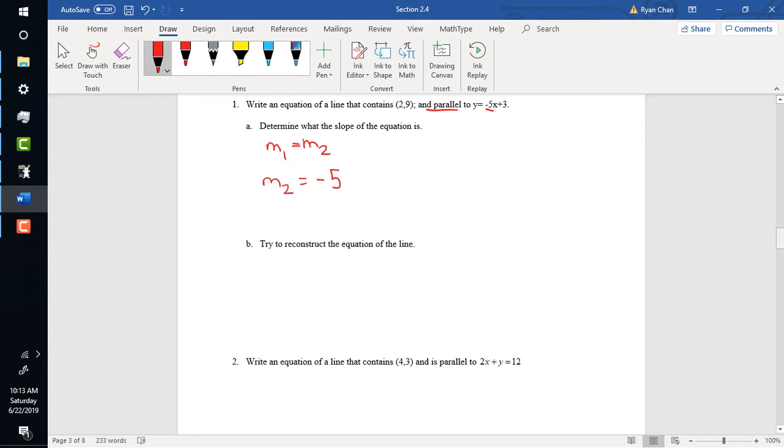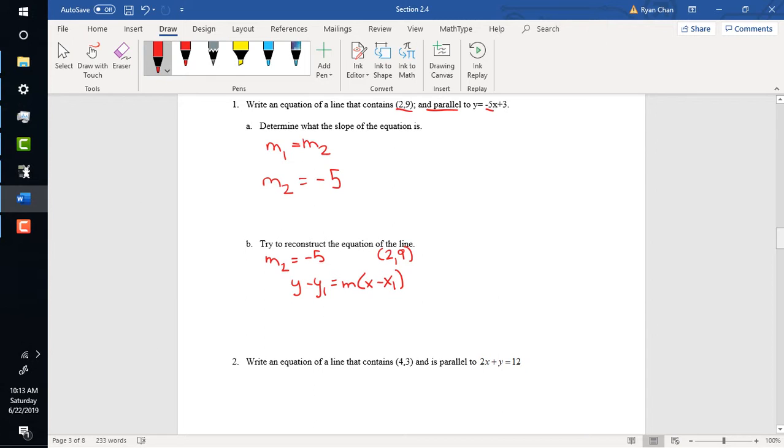Now to reconstruct the equation of the line, what we're going to do next is essentially what we've been doing in section 2.3, which is point-slope form. I know my slope, which is negative 5, and I know my coordinate, which is (2, 9). So I'm using y minus y1 equals m times the quantity x minus x1.